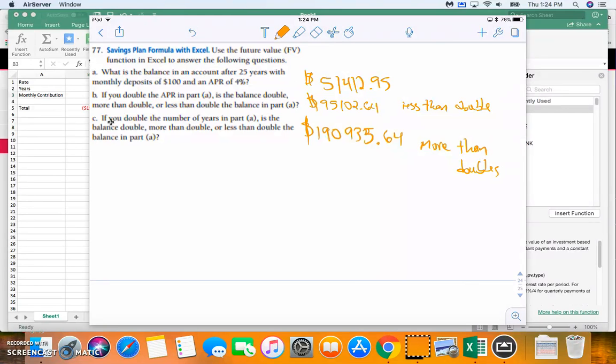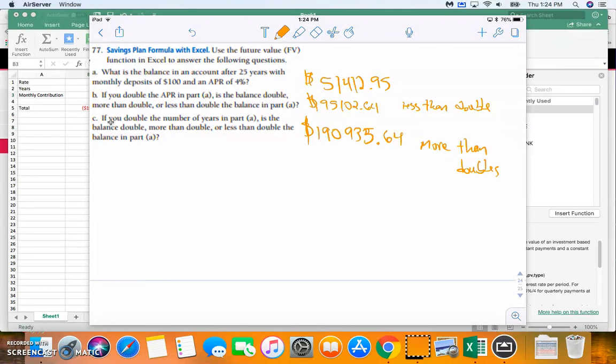Okay, so that's a look at how you would use Microsoft Excel to find and calculate these things. If you have any questions on that, please don't hesitate to ask. There are tons of videos on the web on how to use Microsoft Excel to explain different things. These are just the basics, and that's how you use Microsoft Excel to use our savings plan formula.